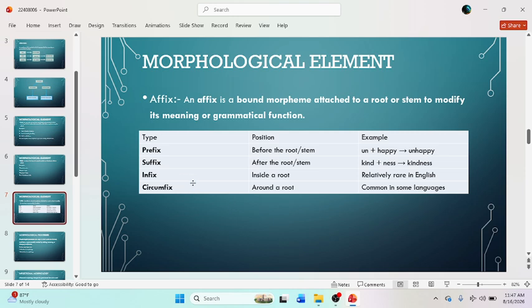A suffix comes after the root or stem. For example, kindness. Here ness is the suffix. Infix actually lies inside the word. An infix occurs inside a root. Next is circumfix. A circumfix occurs around a root. Now I am going to the next slide.